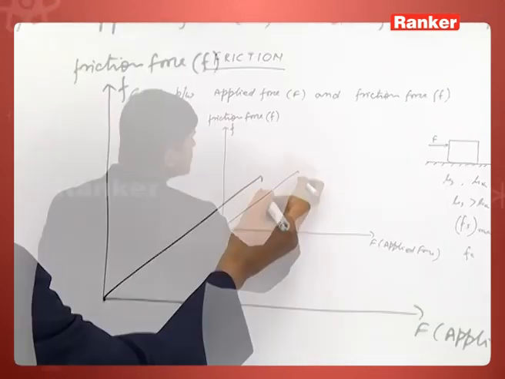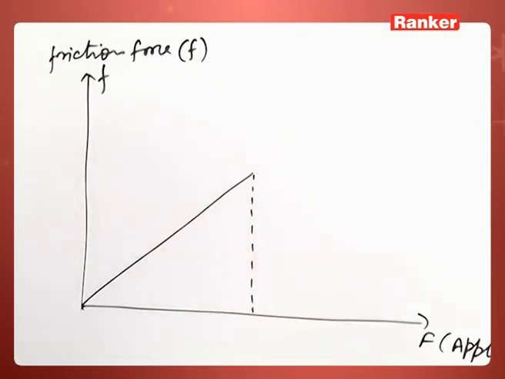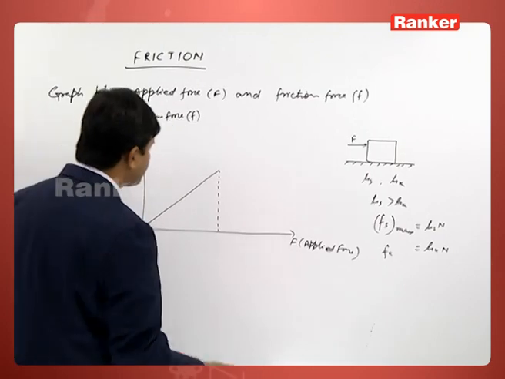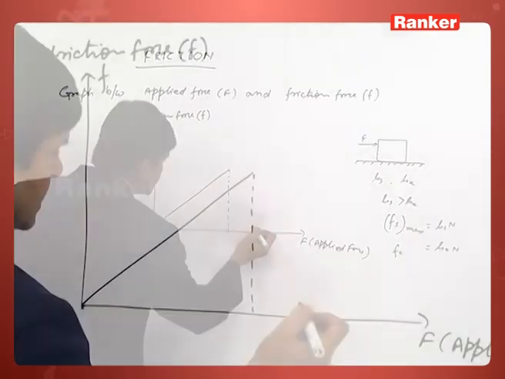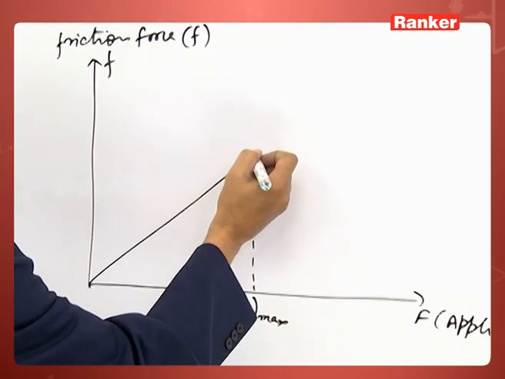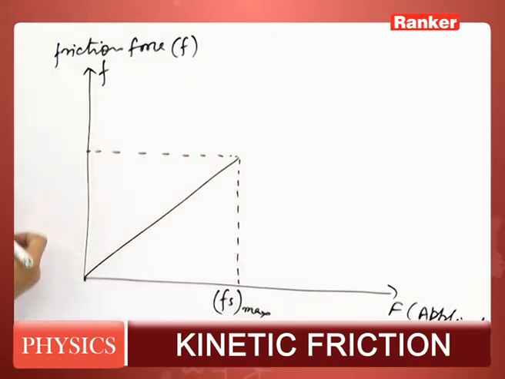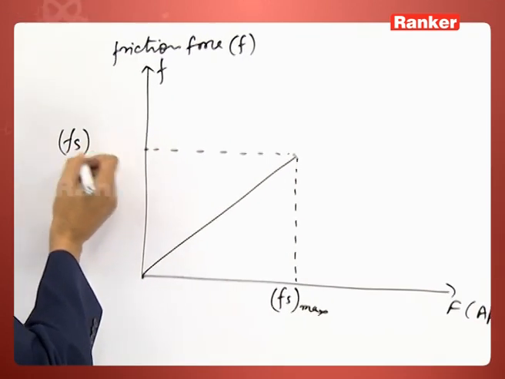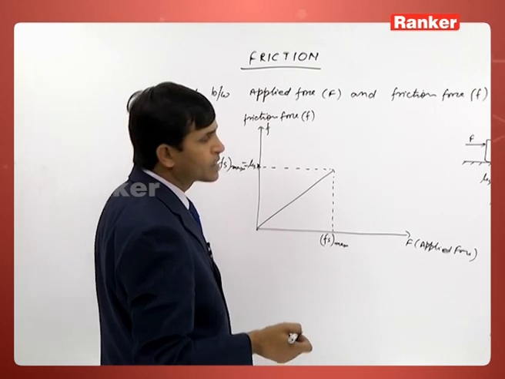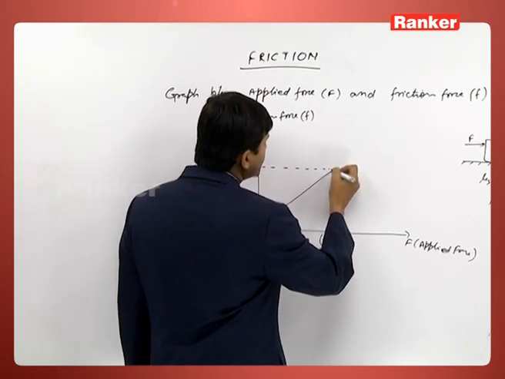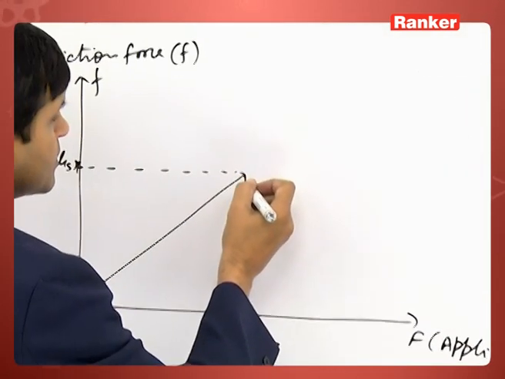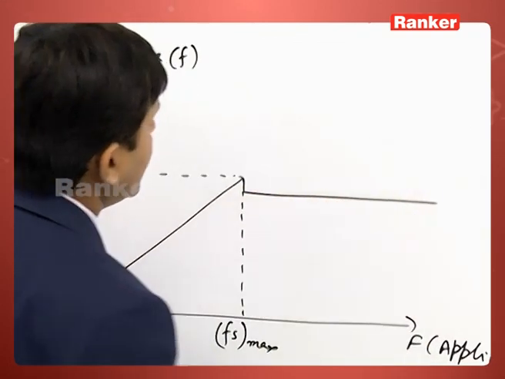And now, as soon as the applied force is exactly equal to the maximum value of static friction, we can say this is Fs maximum, which is mu s into N. Immediately the body starts moving. As soon as the body starts moving, the kinetic friction starts acting, and that remains constant. So immediately kinetic friction starts like that.